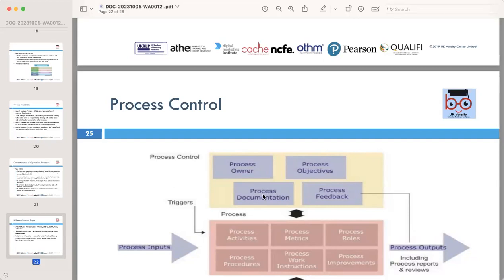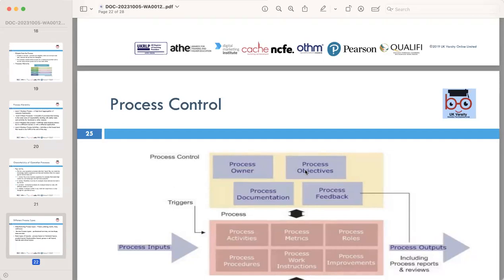Process documentation involves creating detailed records, manuals, or guidelines that outline the steps, procedures, and requirements of a process. It helps ensure consistency and provides references for process execution. Then we come to the process objectives.